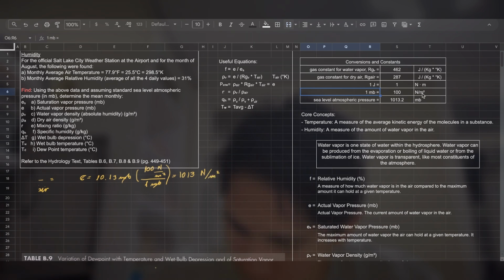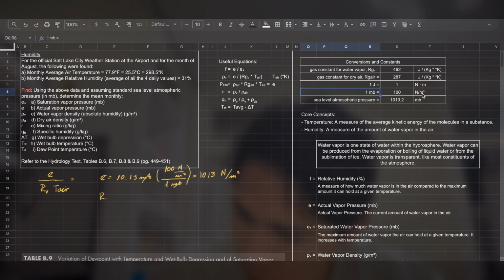newtons per meter square. And our RV, we know that we're given, is 462 joules per kilogram times degrees Kelvin, and that's equal to 462 newtons times meter, because that's a joule, over kilogram degrees Kelvin.